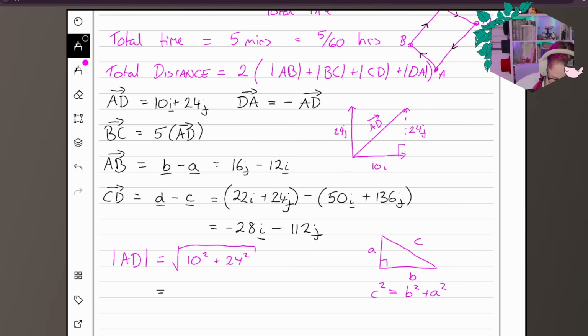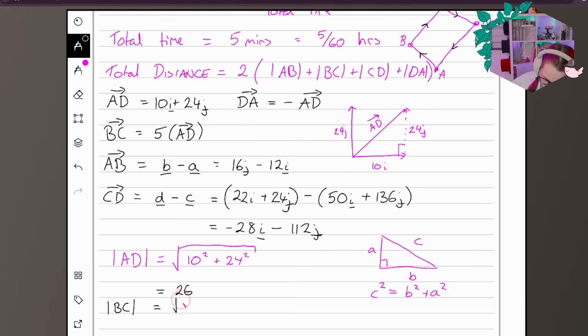So this is going to be 100 plus 24 squared. Square rooted is 26. Nice. BC is going to be, okay, I can cheat here a little bit where I know that it's 5 times the vector.